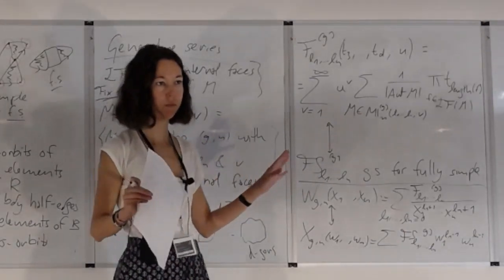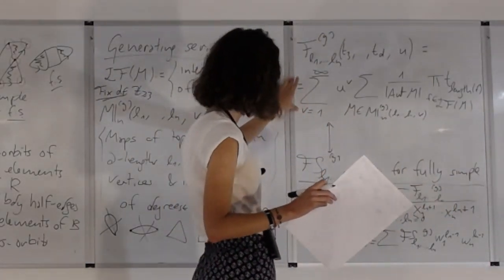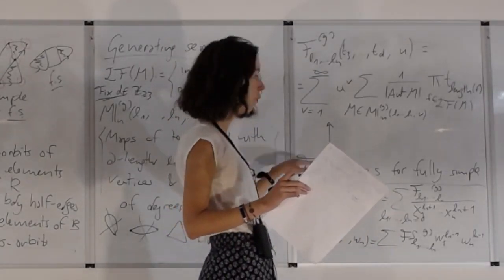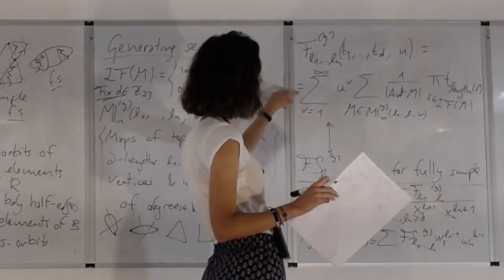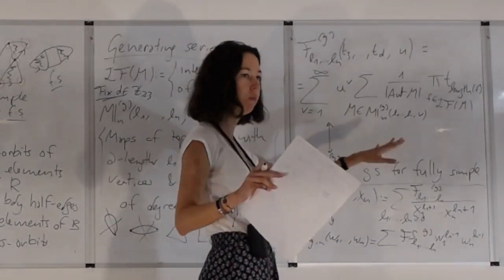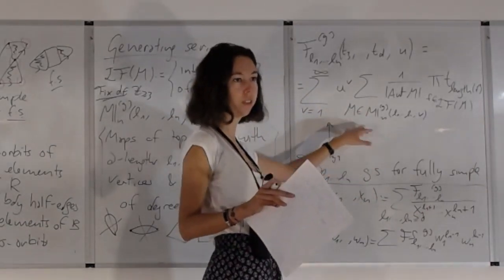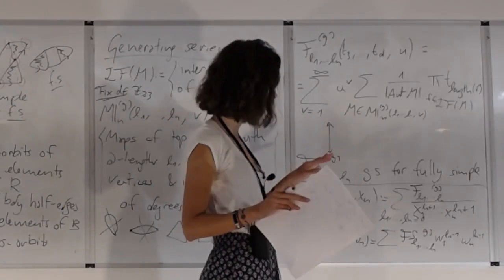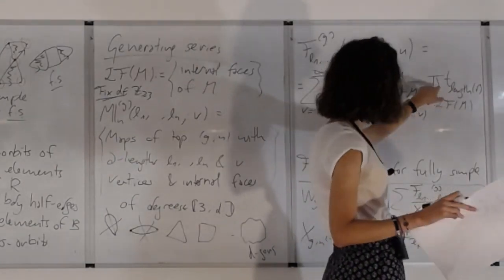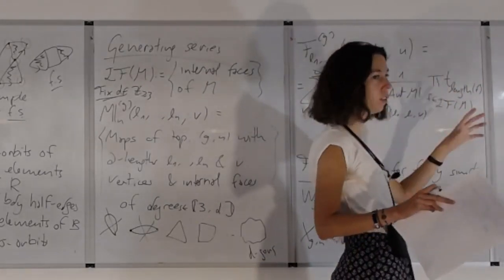Sorry, I didn't understand the upper part. What is this last one, F_s? What does it mean? F_s is the generating series of fully simple maps that looks exactly like this one, but instead of summing over all maps, you just sum over fully simple maps. So I'm not copying the same thing with fully simple here because it takes some time. And in the upper one, what is the product of what? The very last below this is the product of t_k, and the k's are the lengths of the internal faces.